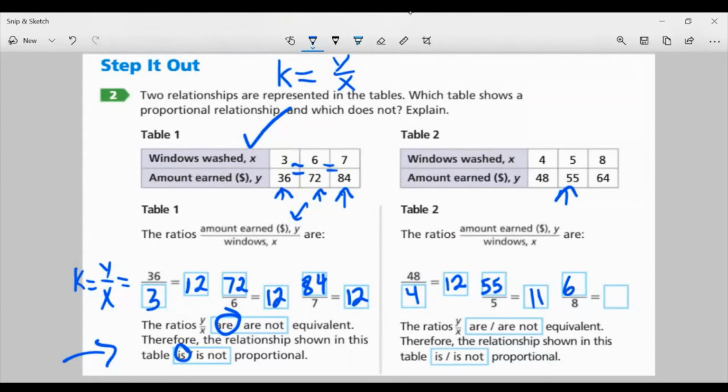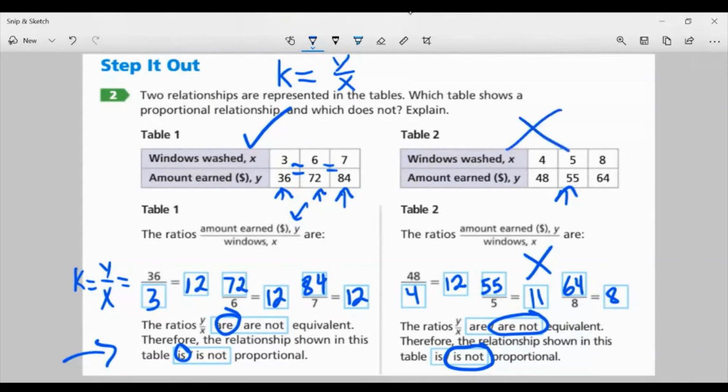And 64 over 8 would be 8. So no, this one doesn't have a constant rate. So the ratios y over x are not equivalent. Therefore, the relationship shown in this table is not proportional.